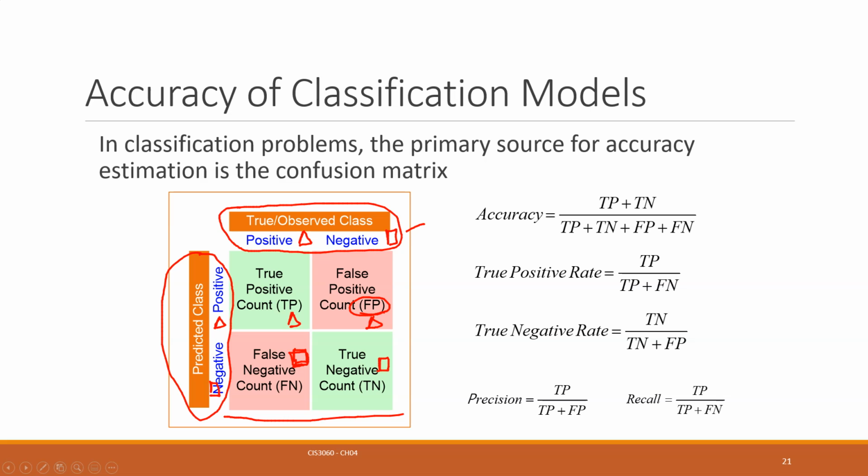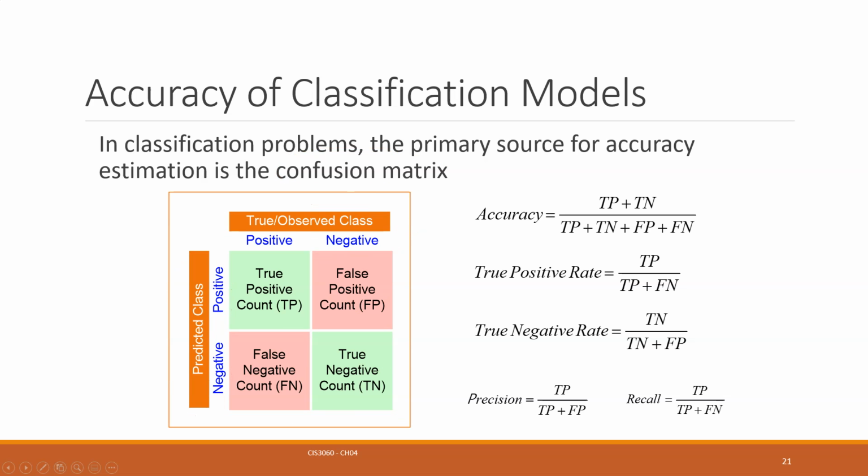So this way of looking at the outcomes of our classification model gives us something that's called a confusion matrix, which could be confusing, but it allows us to identify the errors of false positives or false negatives, and also what are identified as true positives or true negatives. So our accuracy is the sum of our true positives and true negatives over the total number of observations.